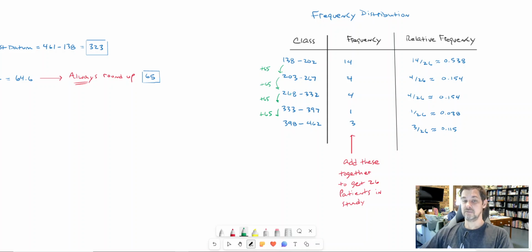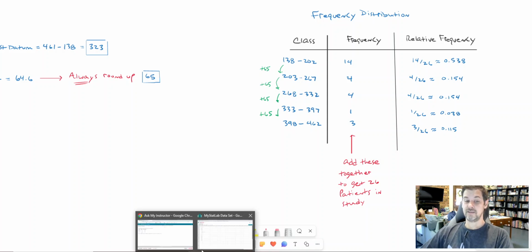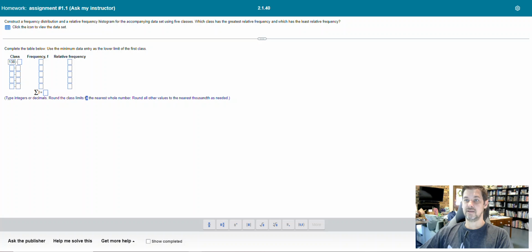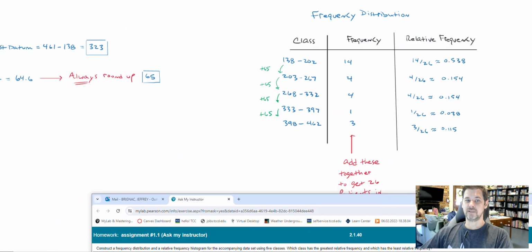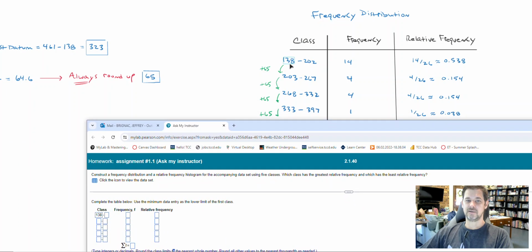If I did that, here's what I would be looking at. I'm pretending I don't know these other numbers yet, even though the table is complete. This one would be 203. Then I add 65 again. That's 268.